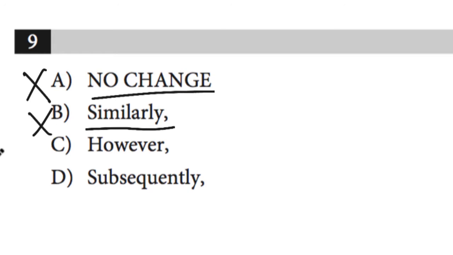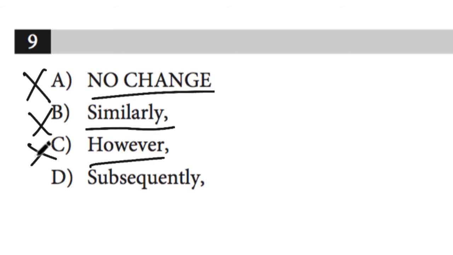Option C is however, which is a way of showing that one idea is an opposite or contrast of another idea. Like before, it does not follow to say that the legislator's ban of phosphates is in opposition to the research finding that phosphates are associated with algae. And it's easier to tell this if you read even further before, which we do not show here. So once again, however, is out of it.